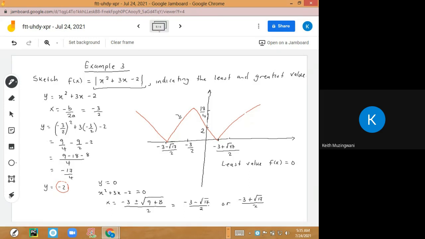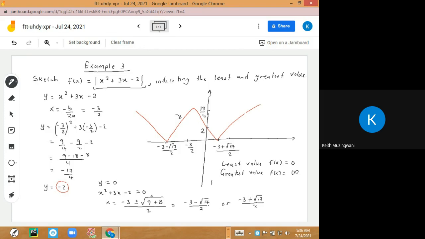So the graph can go as low as the x-axis where y is 0. And then the greatest value will be f of x is equal to positive infinity, because the line keeps going up.